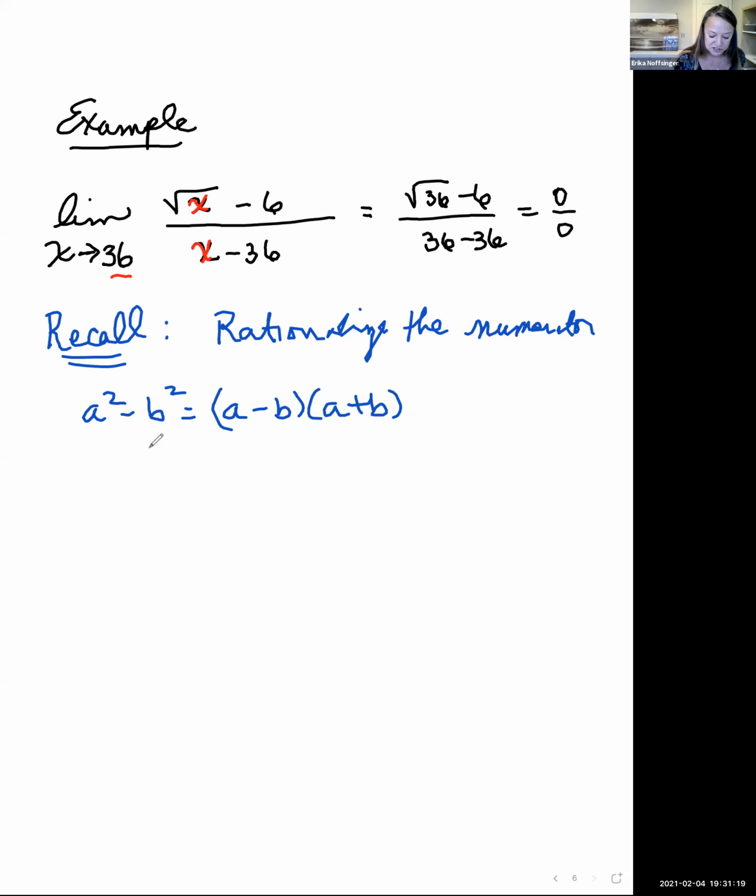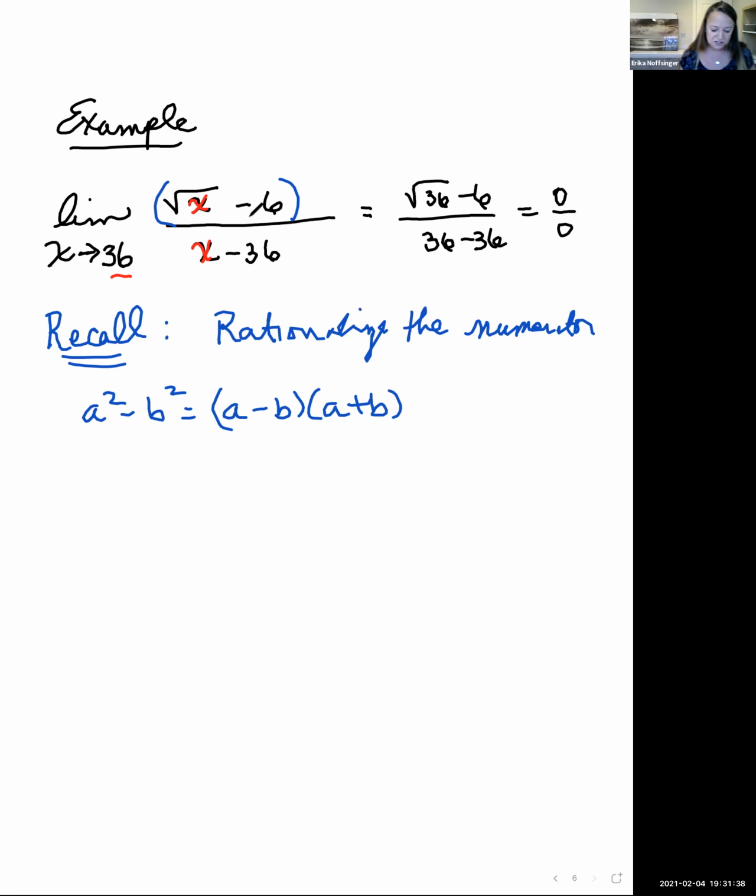The whole point of rationalizing the numerator, or getting rid of the radicals, is that we know we can get rid of a radical by squaring it. So if we can come up with the opposite sign in between, we can make this a difference of squares. And so I have a minus here.